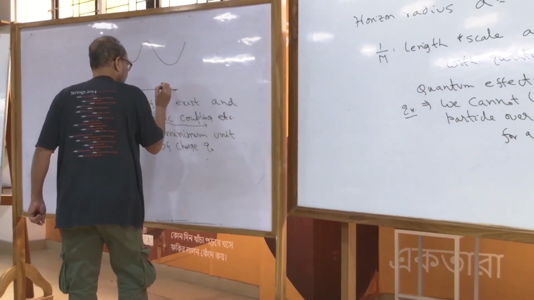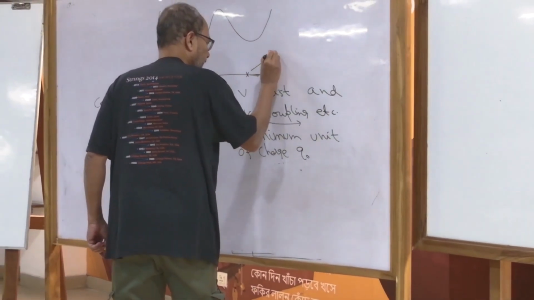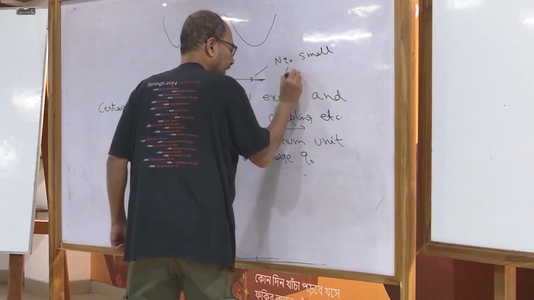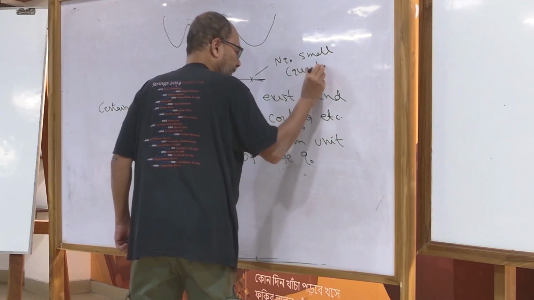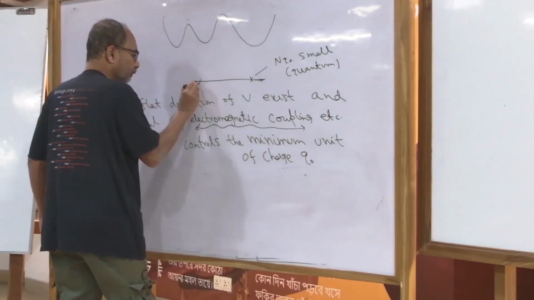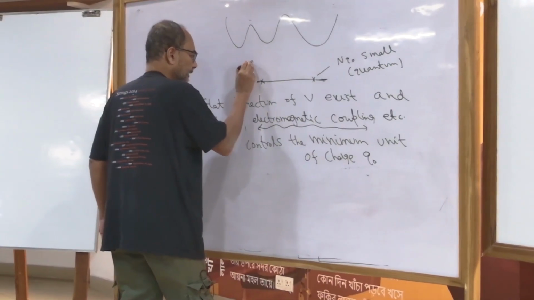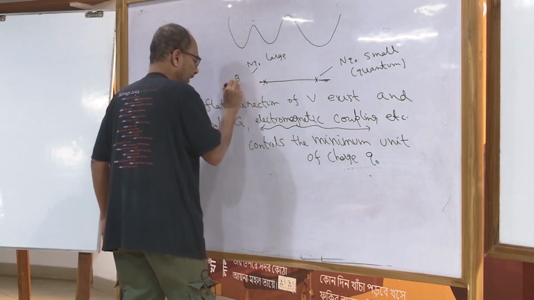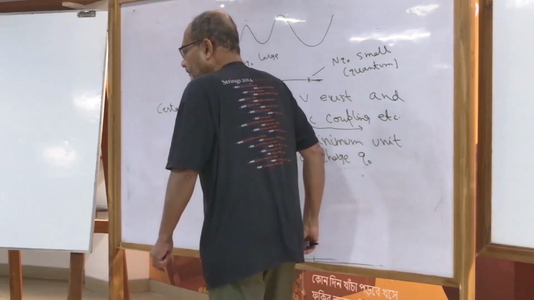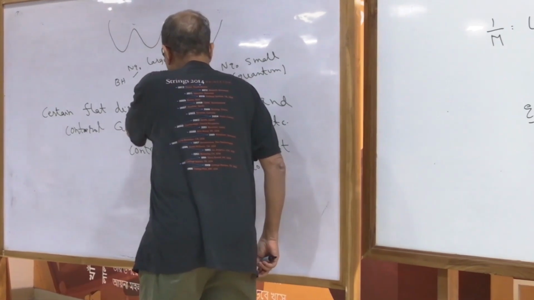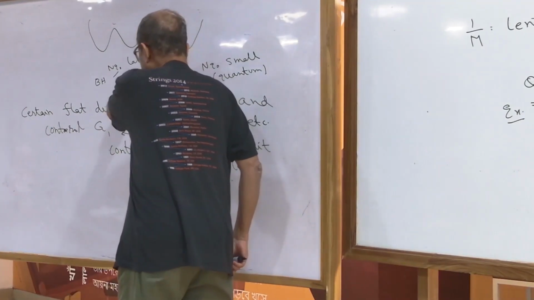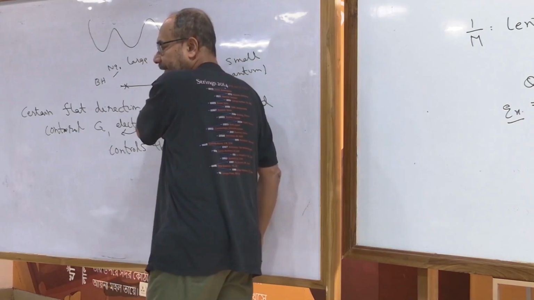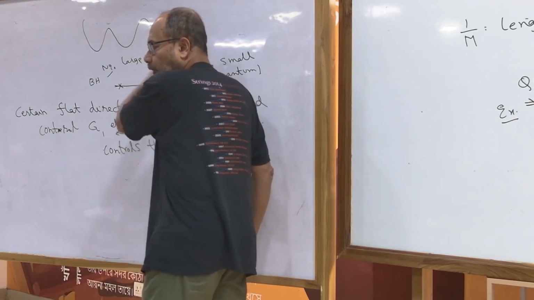So, here is n q naught small, where the quantum description is valid. Here is n q naught large. Here you have a black hole description. So, you are still comparing two different things. Here you are calculating entropy, and here you are counting states. So, how can you compare that?